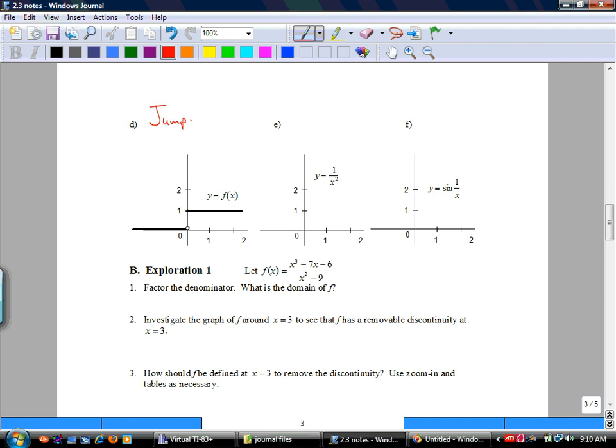Y equals 1 over x squared. In this graph it looks like this. Where are those red arrows taking you off to? Infinite discontinuity. What?